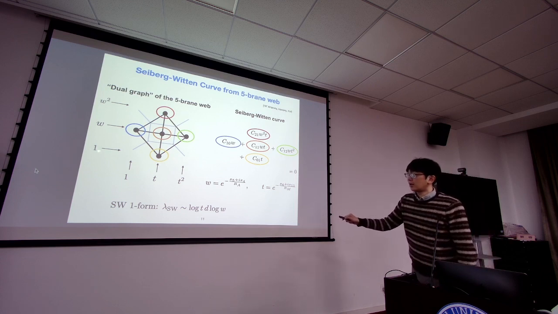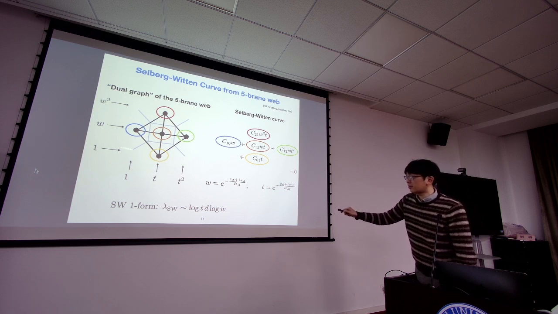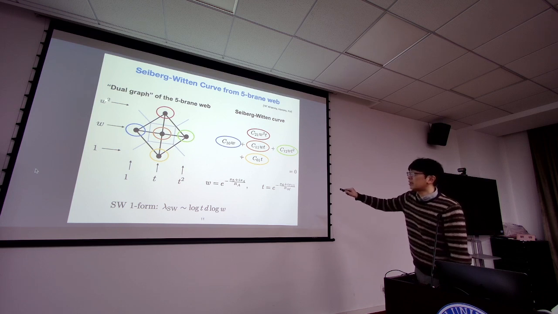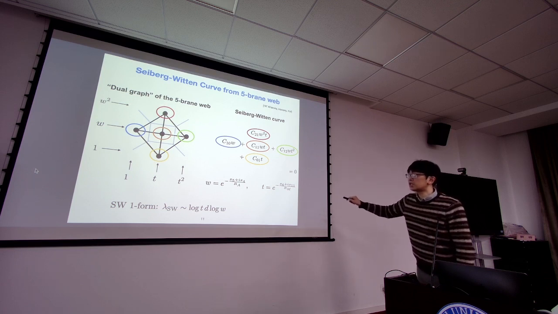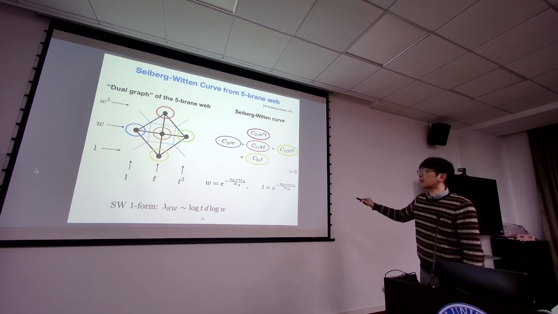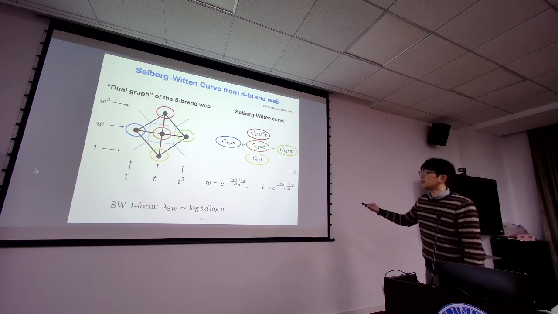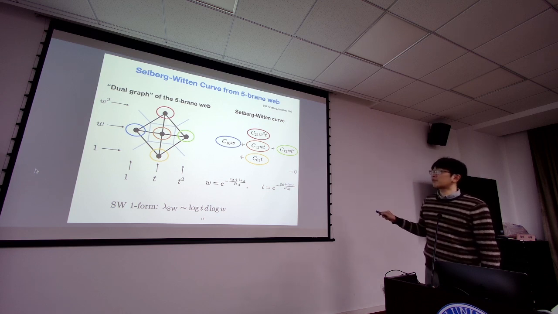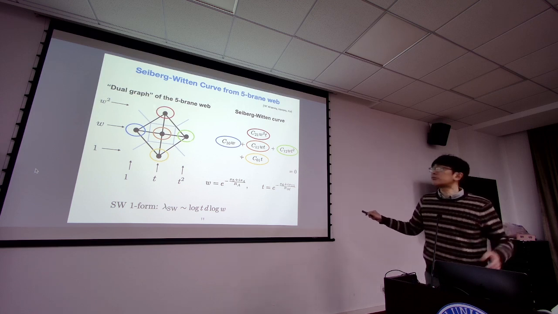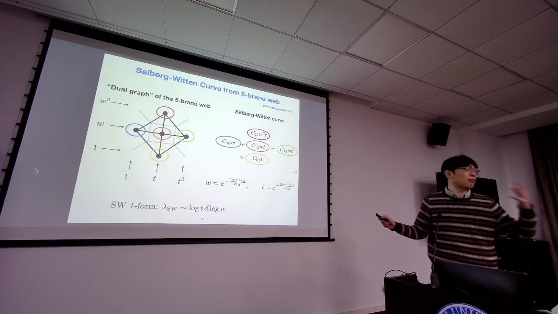Assigning this line as w to the 0, this line w to the 1, this line w to the 2, and similarly t to the 0, t to the 1, t to the 2, we can determine each dot to be a monomial with a specified power of w and t, and together with some coefficients in front, we can write down the Seiberg-Witten curve. Of course, how to determine these coefficients needs one more step.